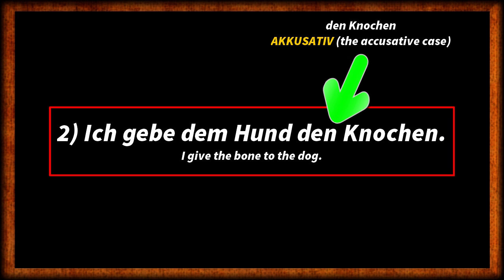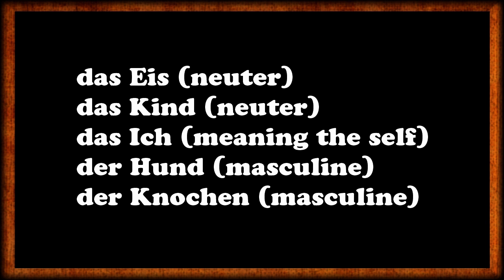Den Knochen refers to the last of the 4 cases, the accusative case. This shows what or which object you are giving to the dog. It's the bone.